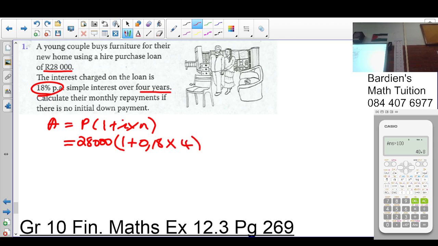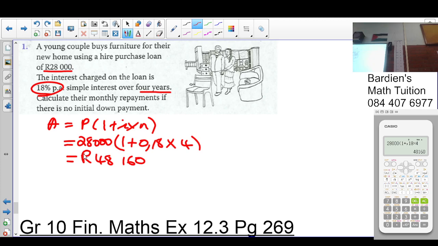It's going to be 28,000 into 1 plus 0.18 times 4. That gives me 48,160 rand. Jesus. Massive, no? So he's paying more than 20,000 rand extra.